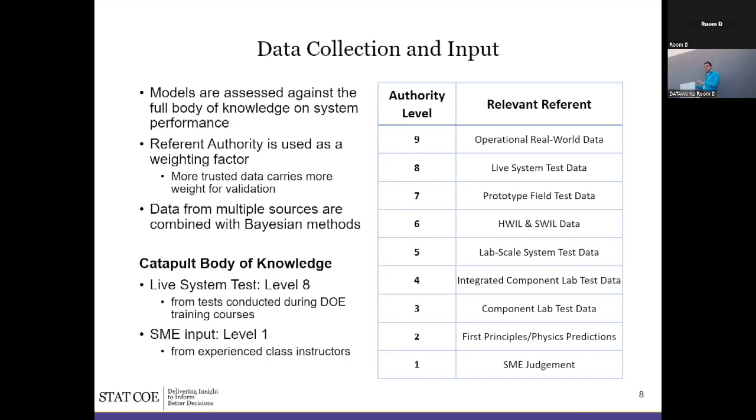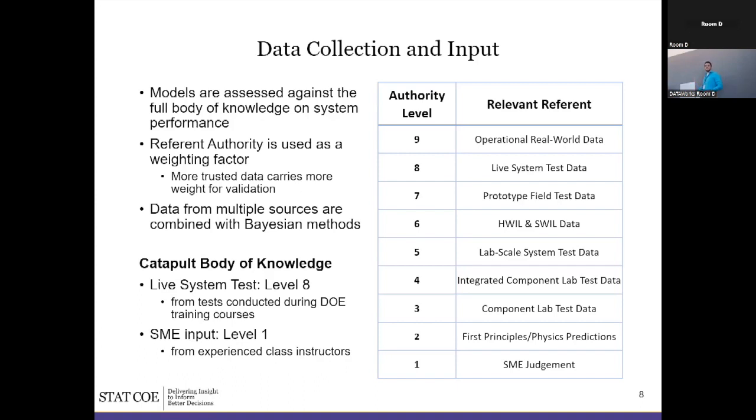In looking at this entire body of knowledge, we combine our understanding, our body of knowledge, with Bayesian methods. If anybody's familiar with some more complicated Bayesian methods, this would be power priors, using our weights as direct inputs into the power prior weights.